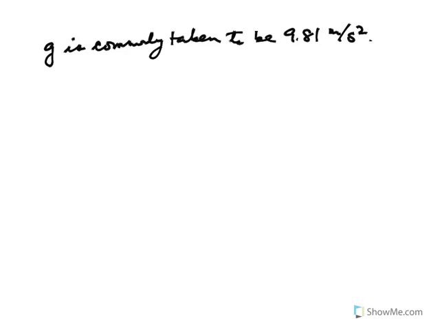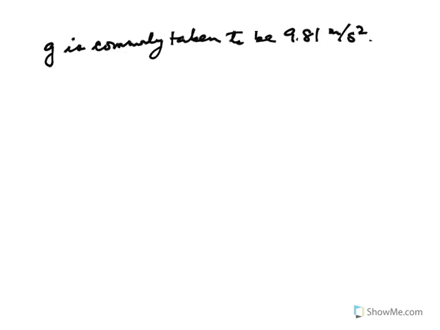Now, the value 9.81 is more accurate because the Earth is actually not a homogeneous sphere, so it's not uniformly distributed mass. The radius is not exactly what I got, because the radius changes because the Earth is actually not a sphere. It's actually an oblate spheroid. But that's fairly close. So we got a number that's pretty in line with what you would get if you just use the standard number of 9.81 meters per second squared.